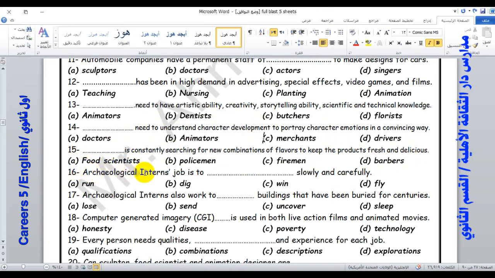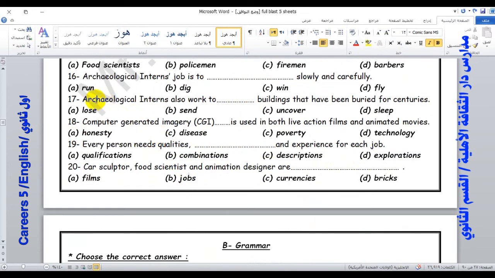16. Archaeological interns' job is to dig slowly and carefully. يحفرهم بشيء من البطء بشيء من الحرص. 17. Archaeological interns also work to uncover buildings that have been buried for centuries. Uncover.